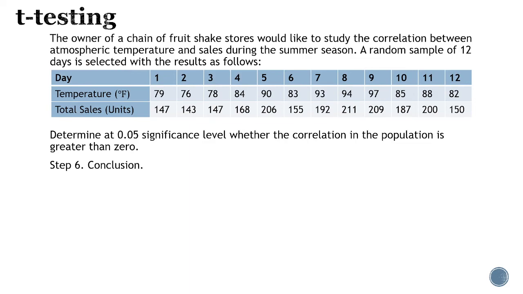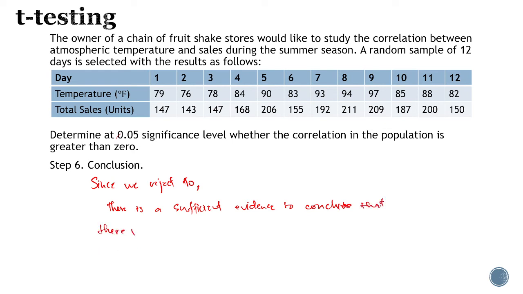So dahil i-reject natin ang ating HO, ang magiging conclusion natin dito ay there is sufficient evidence to conclude that there is a linear relationship between atmospheric temperature and sales.